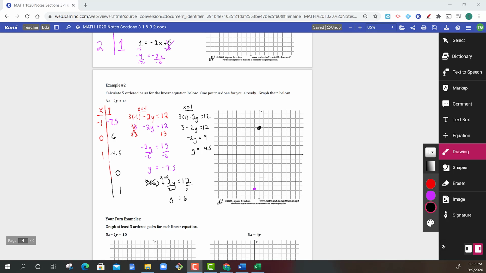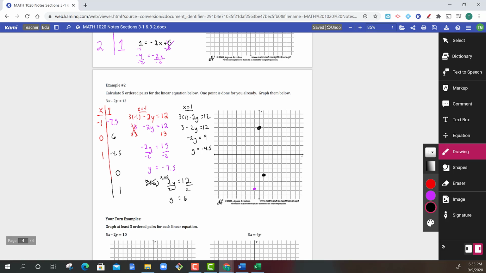And you always want to double check your points. So I see something is off because I've graphed those 3 points and they do not form a line. So that tells me at least one of these ordered pairs is incorrect. And when I look back over my work, my error is a slight one.